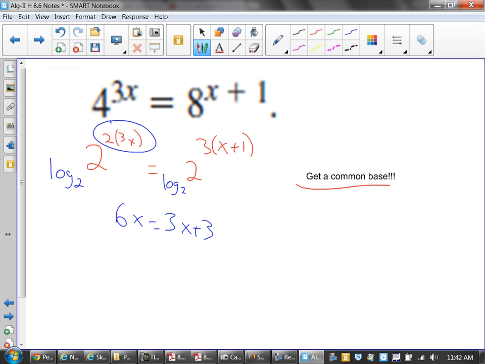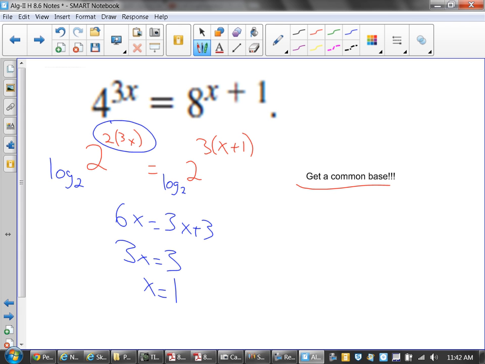By taking the logs of both sides of that base, it drops the exponents down. So now I get 3x is 3, x is 1. And that's it.